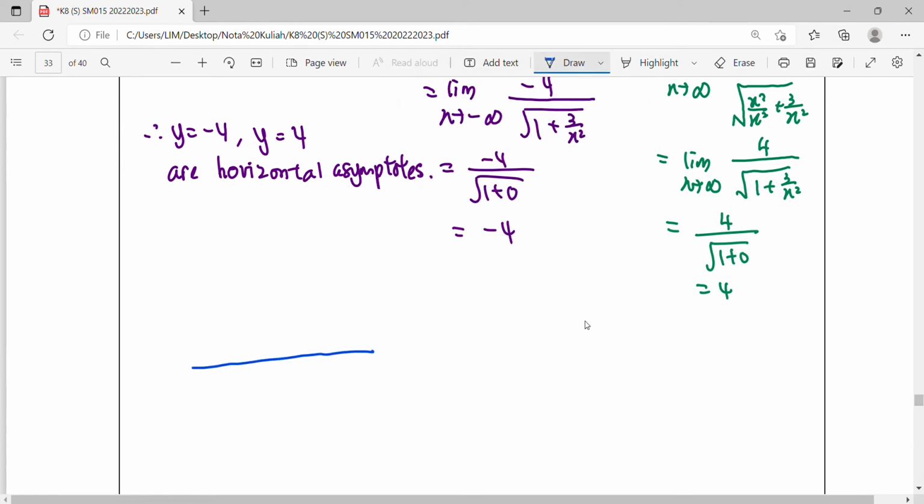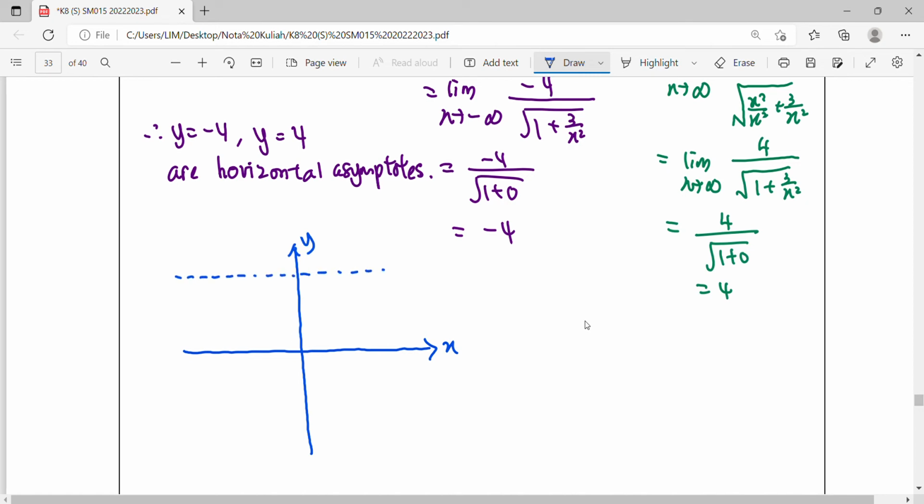Set up your x-axis, your y-axis, and the horizontal asymptotes. Horizontal asymptote 1 di y equals to 4. Lagi 1 di y equals to negative 4.